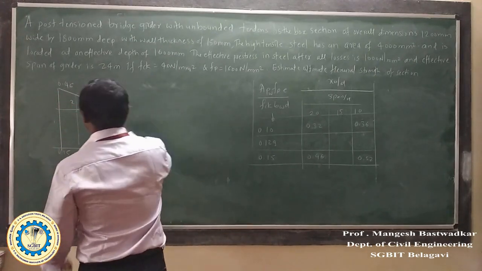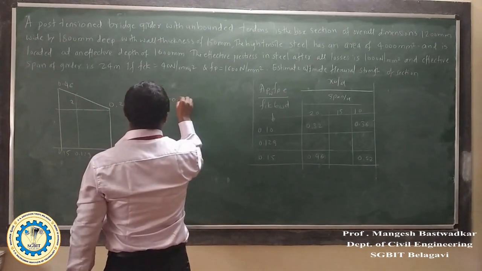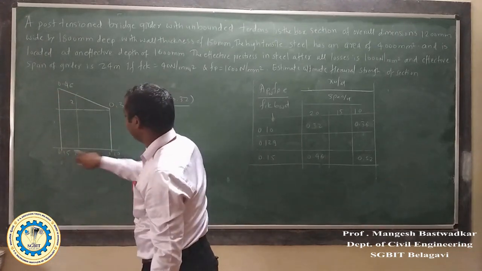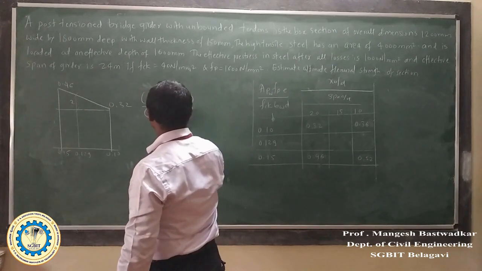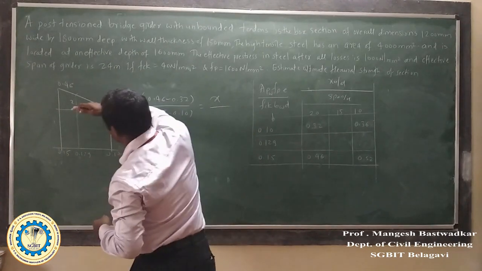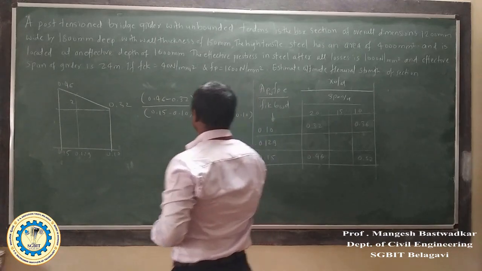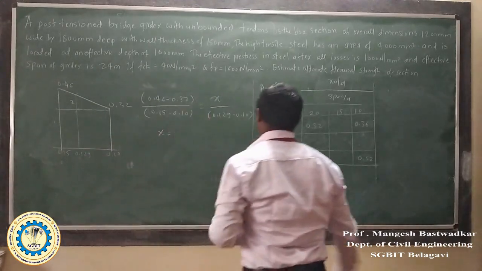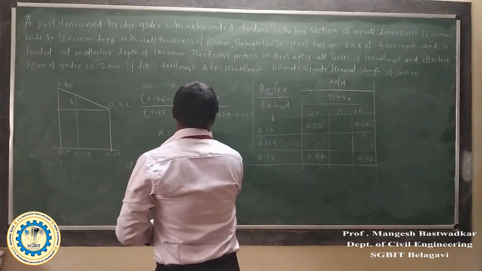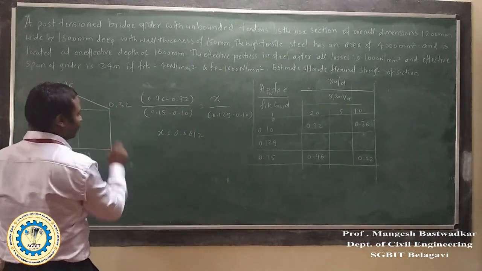From the properties of similar triangles, this height divided by this base: 0.46 minus 0.32 divided by this base value, 0.15 minus 0.1, is equal to this height x divided by base 0.129 minus 0.10. So the value of x you will get is 0.0812. Then add it to this 0.32.